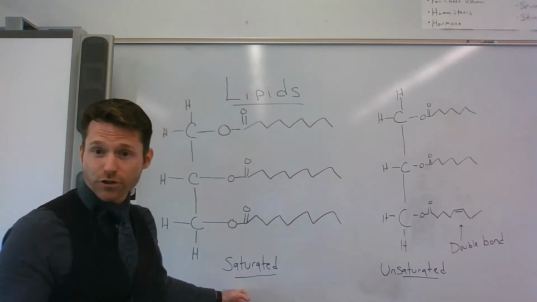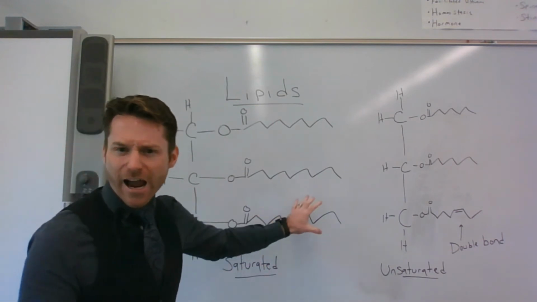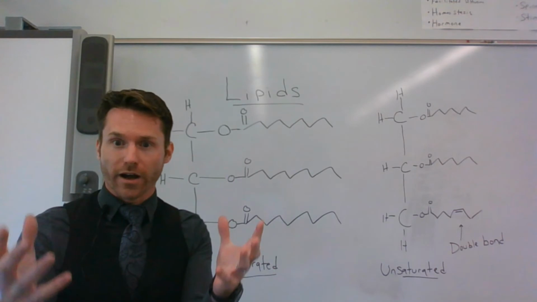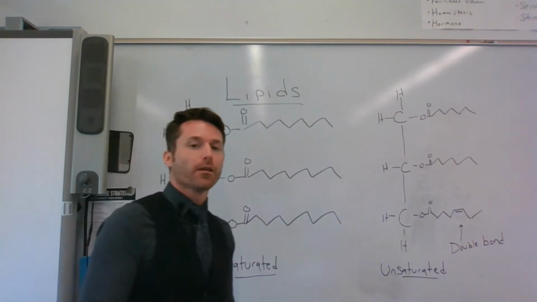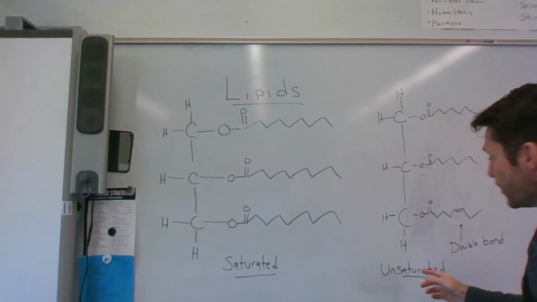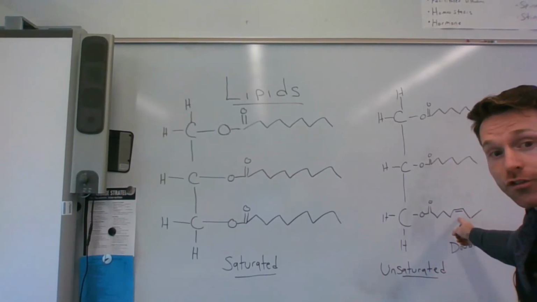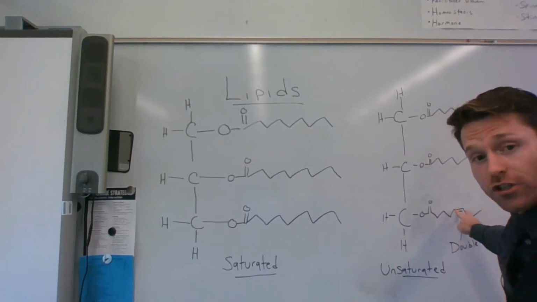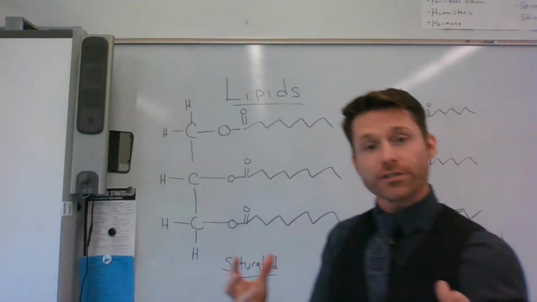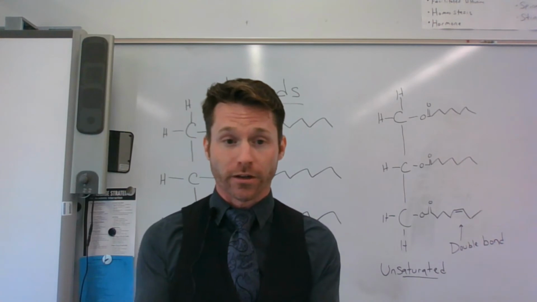It's called saturated because it has as many hydrogens as possible. Okay? It's full of hydrogens. In the unsaturated fat, okay, I have a double bond in one of my regions. And so in this region, I am lacking a hydrogen. So I'm not full of hydrogens, so it's unsaturated.